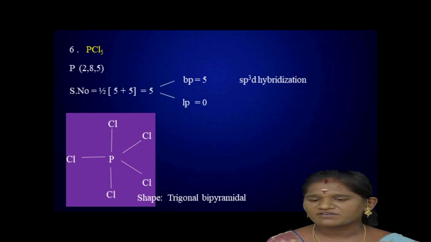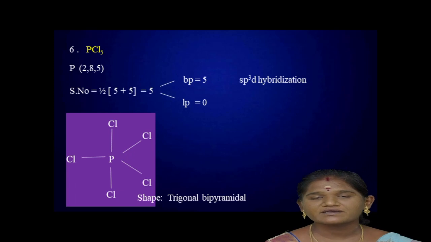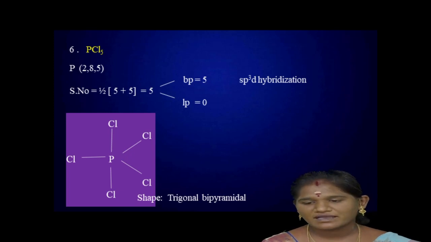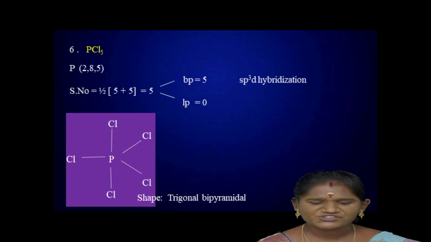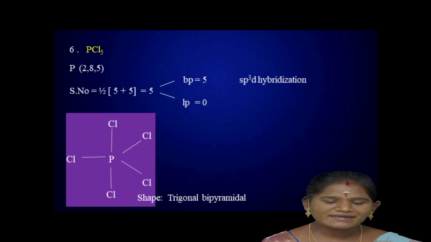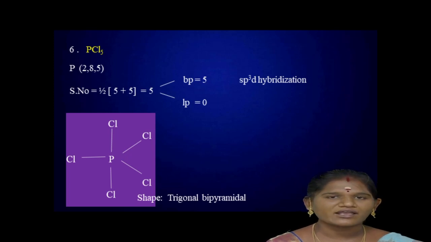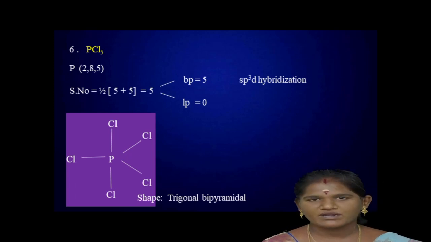There is no lone pair of electrons, so the hybridization will be sp3d. Here the steric number is increased by 1, so the hybridization will be sp3d. So what will be the structure of this molecule? It has trigonal bipyramidal geometry.